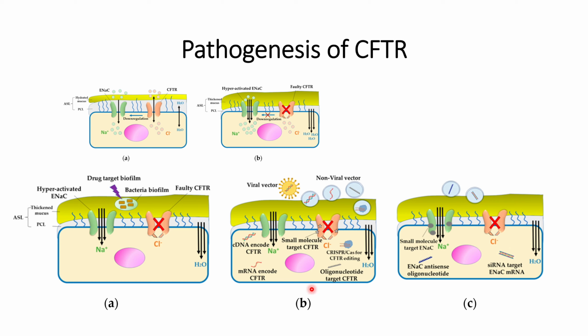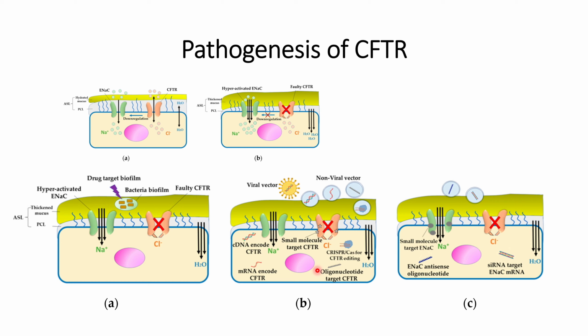Another thing is that because of the genetic disorder, this chlorine channel is not able to perform normally. In order to treat this, we need to inject the correct gene of CFTR, either through a viral vector or non-viral vector, and it can be for a short duration of time.